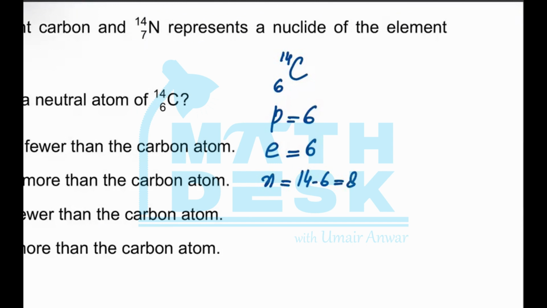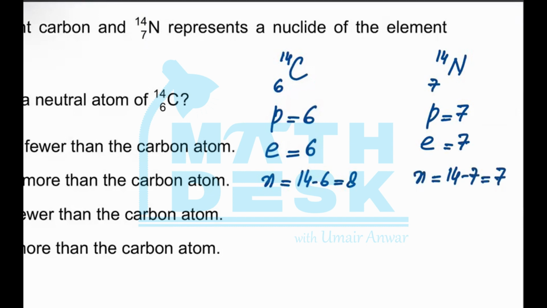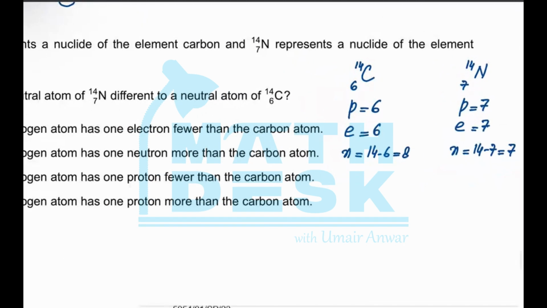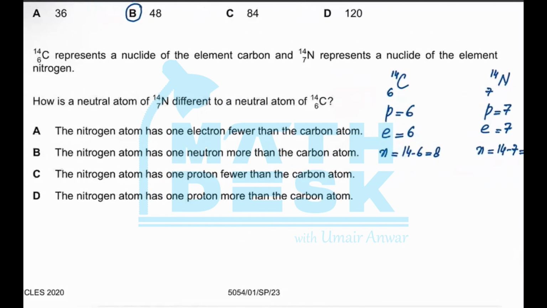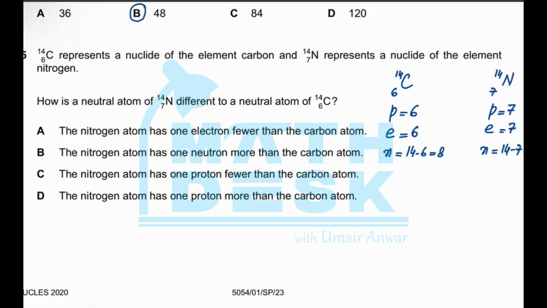And the details of the nitrogen would be protons are 7, electrons would also be 7, and neutrons would be equal to 7. Now this is the detailed analysis of the particle. Now the option says the nitrogen atom has 1 electron fewer than carbon atom.